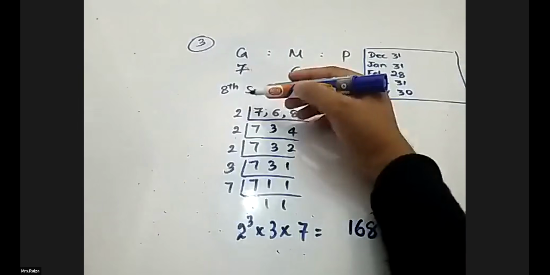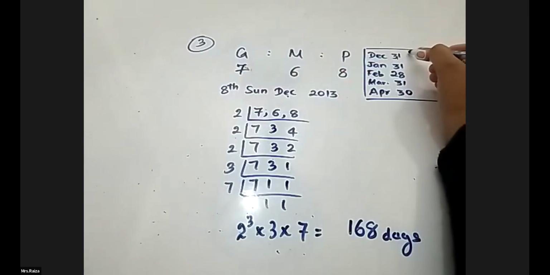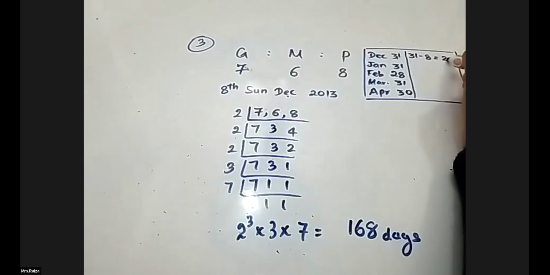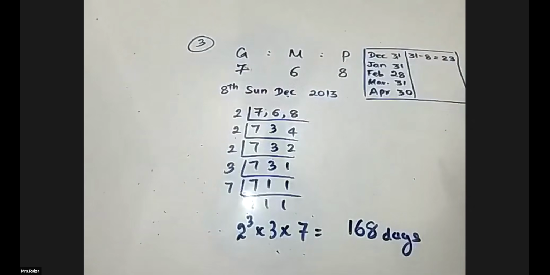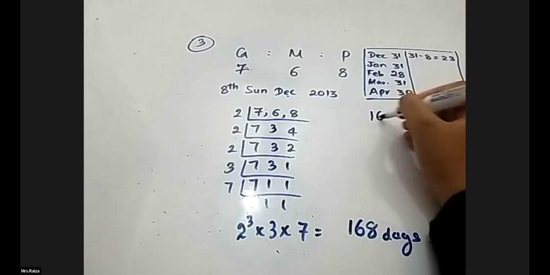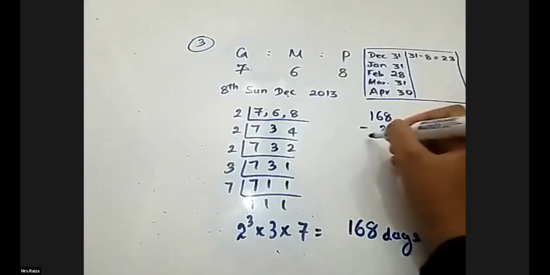Listen carefully. From 31, when you subtract 8, already 8 days are gone. You have another 23 days balance. So from this 168 days, you have to subtract these 23 days. Then you can come closer to the date.